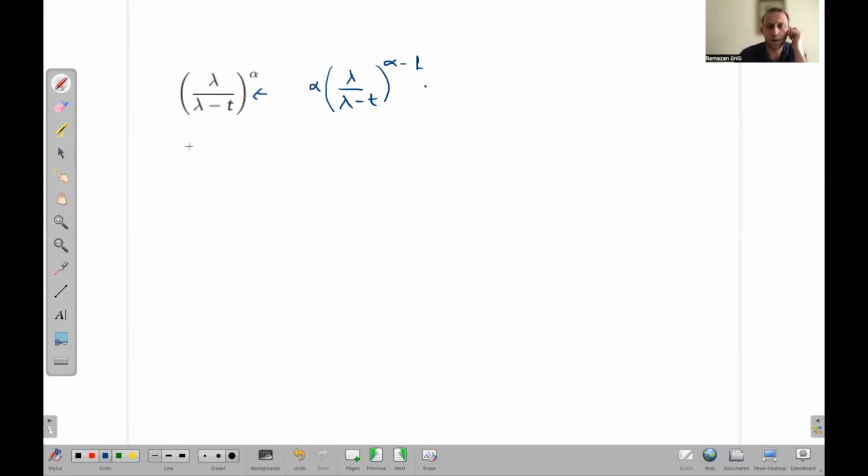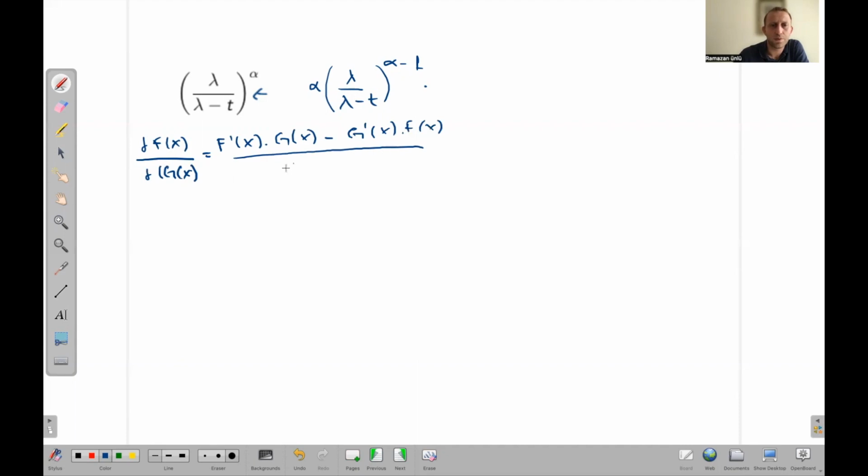But for the inside, we need to use this rule, which is the derivative of f of x over g of x, which is equal to the derivative of f of x times g of x minus the derivative of g of x times f of x, over the square of g of x.